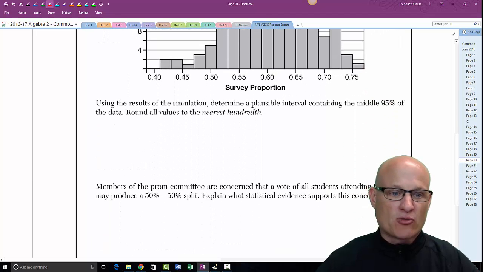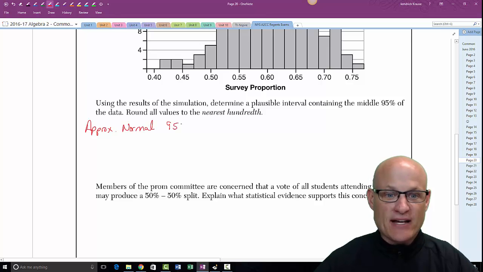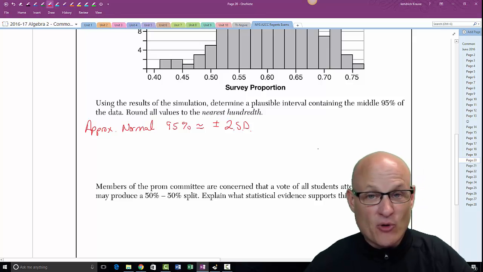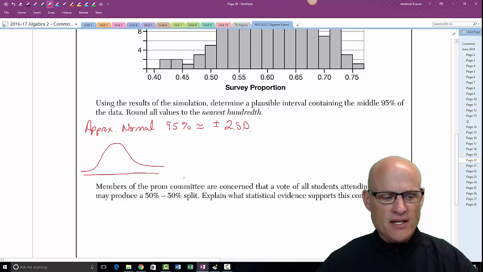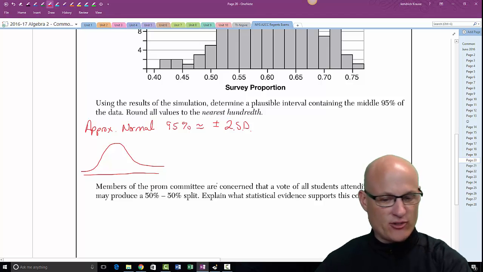If you remember correctly, since this is approximately normal, 95% is approximately plus or minus 2 standard deviations. So what they're really asking you for is to find 2 standard deviations. If I draw this out, and you don't necessarily have to, but if you do, that's great.